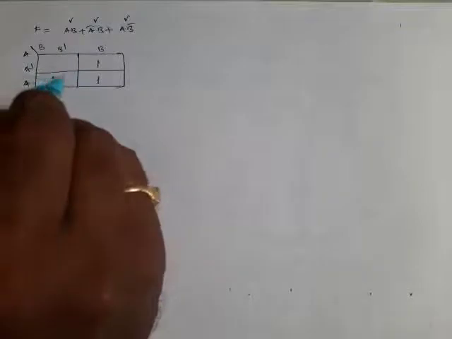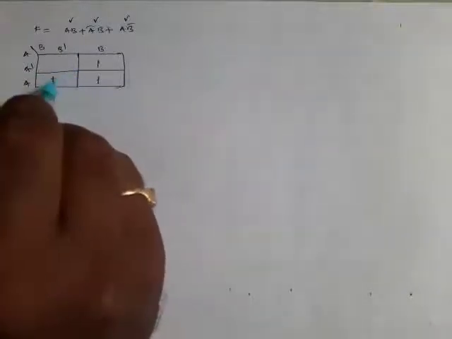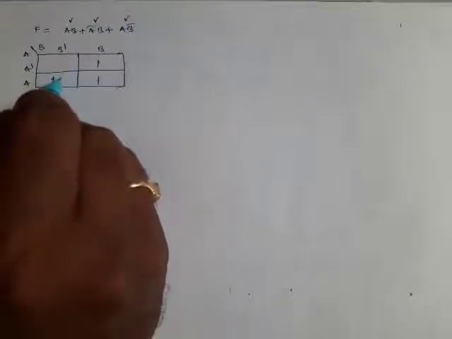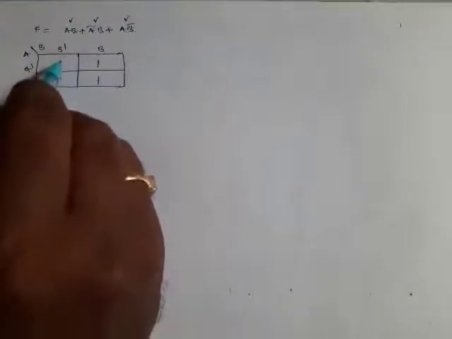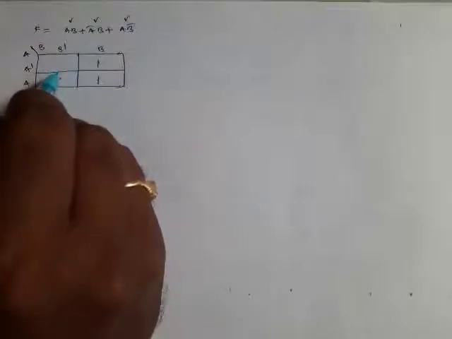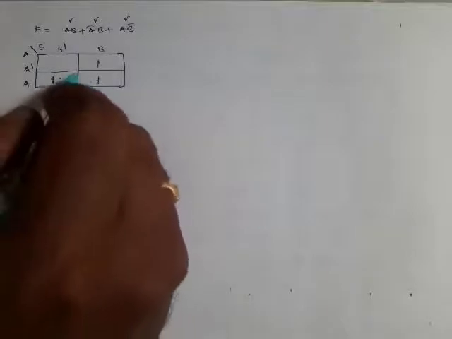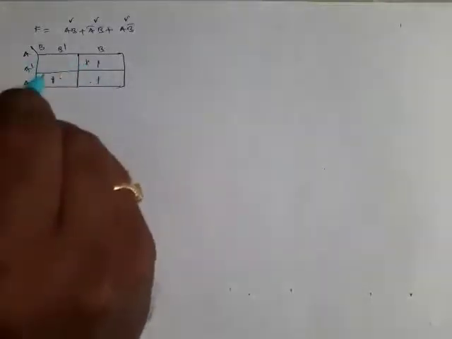But what is meant by adjacent cell in a K-map? So for example, if I consider this cell, this cell is considered adjacent, and this cell is also considered adjacent, but not this.